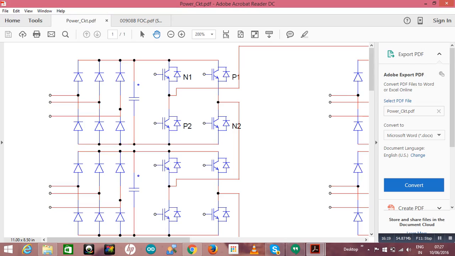Now you know 750 hertz is a very low frequency, and for that I was forced to use filters at the output, passive RLC filters.